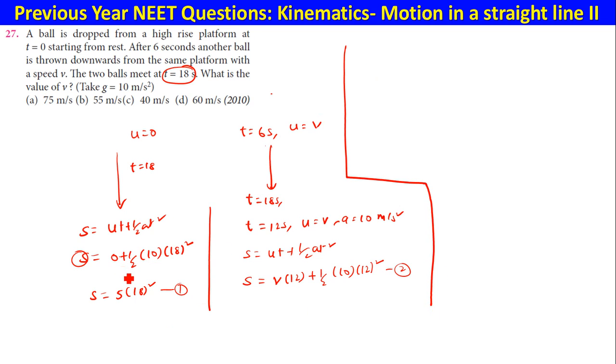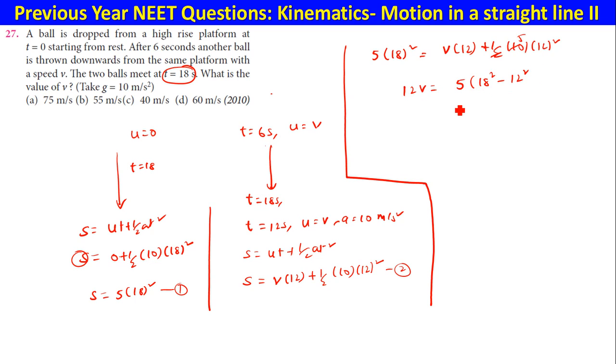Okay, 5 into 18 square is equal to v into 12 plus half into 10 into 12 square. If I take this to the other side, 2 ones are 2, 5s are 5. So v into 12, or 12v, is equal to 5 into 18 square minus 5 into 12 square, isn't it?